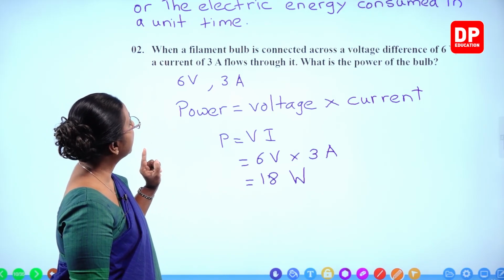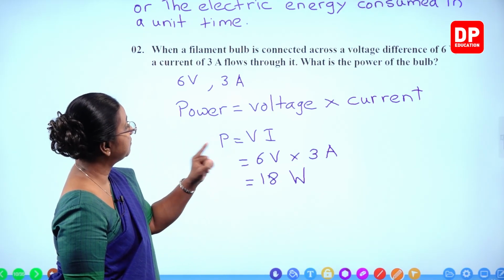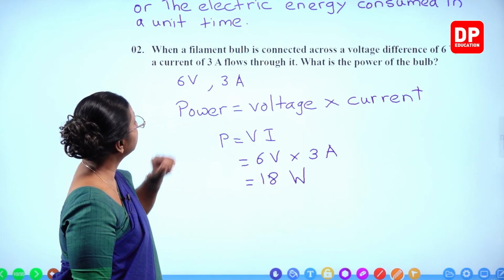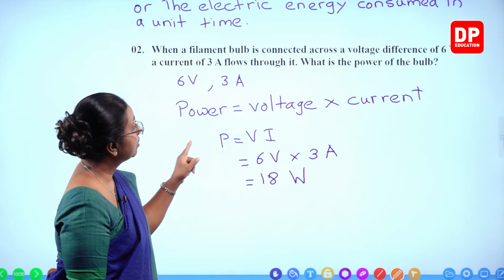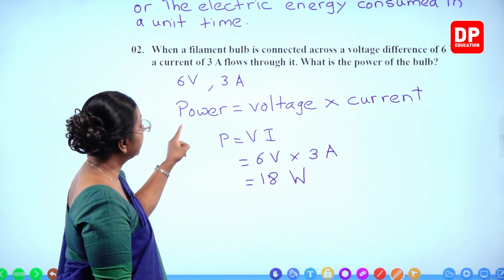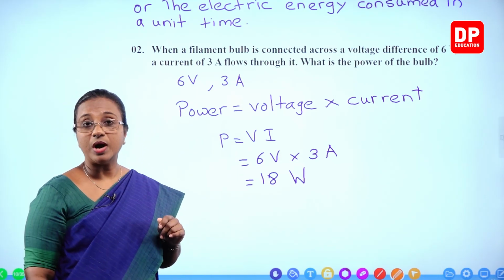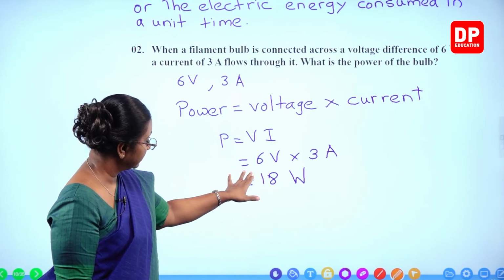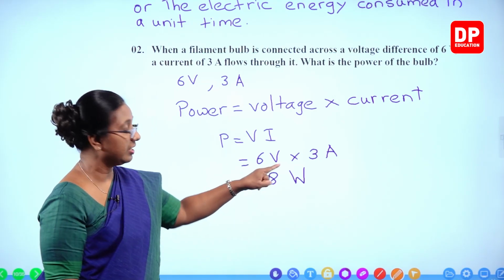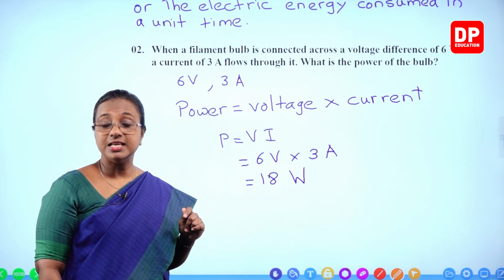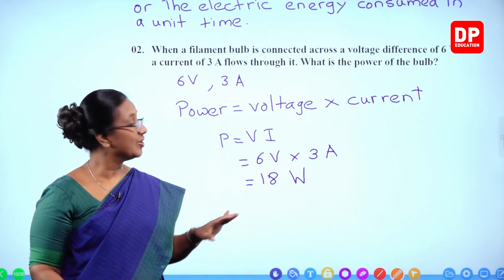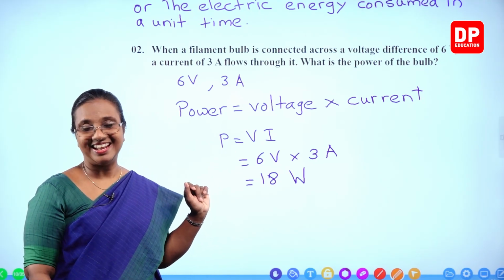So when a filament bulb is connected across a voltage difference of 6 volts, the current of 3 amperes flows through it. What is the power of the bulb? Power is equal to voltage into current, that is P equals V into I, and that is given by 6 volts into 3 amperes, that is 18 watts. I am sure you got that answer correctly.